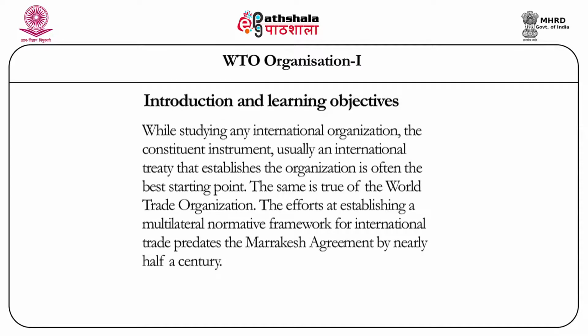While studying any international organization, the constituent instrument, usually an international treaty that establishes the organization, is often the best starting point. The same is true of the World Trade Organization.